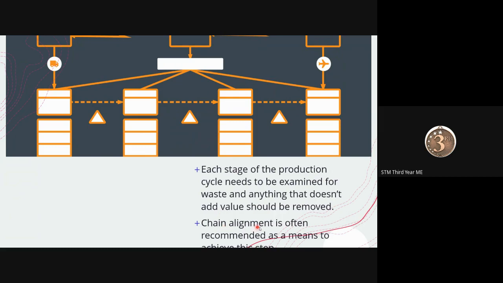Then comes chain alignment, which is often recommended as a means to achieve this step. Such an arrangement shown here is known as a chain alignment. Here we are determining each step that comes under a particular department, and we are studying each stage here. Maybe the first one here, the second one here, third one here, fourth one.